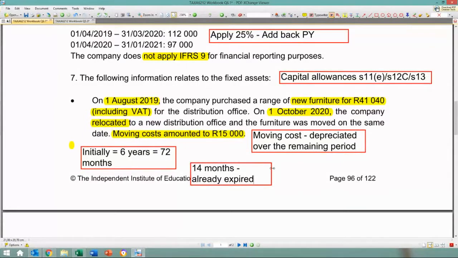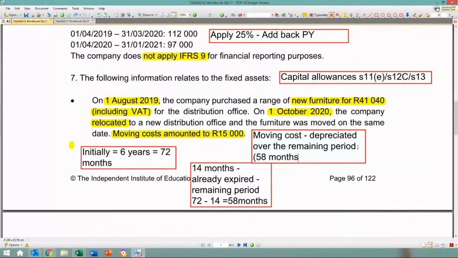So that means the remaining period is the 72 less the 14, which gives us 58 months remaining, which we will use for our moving cost.